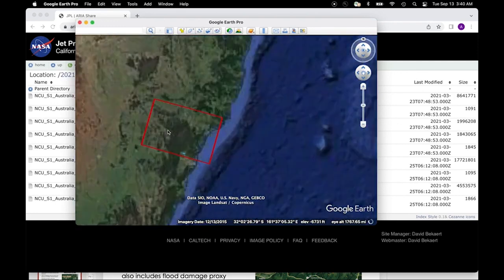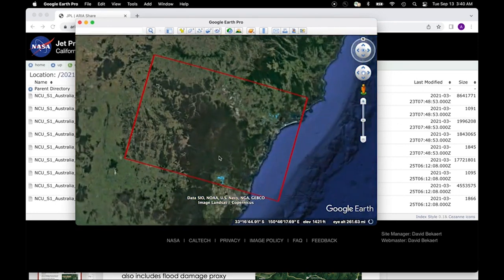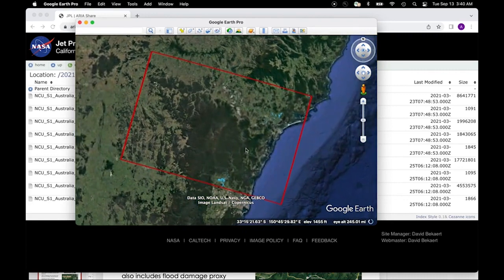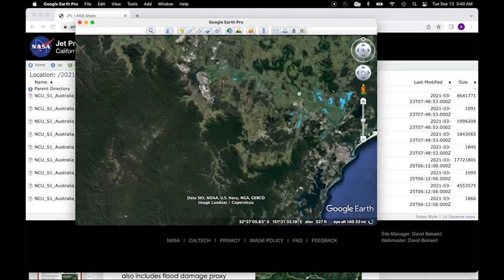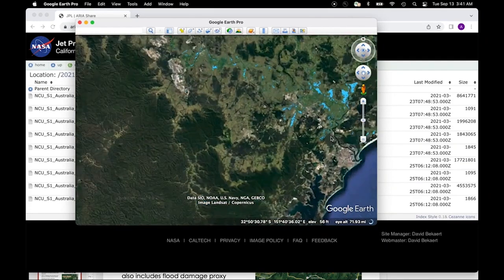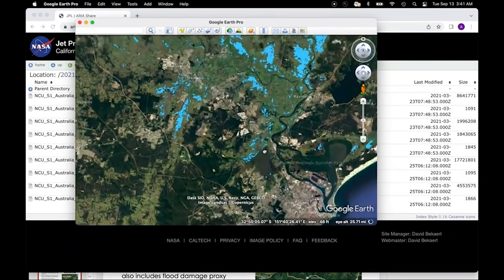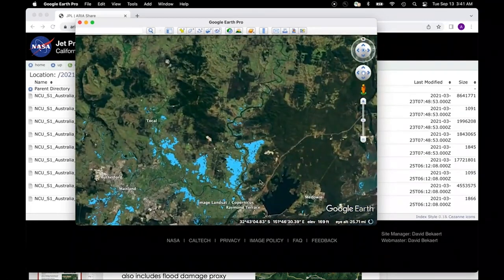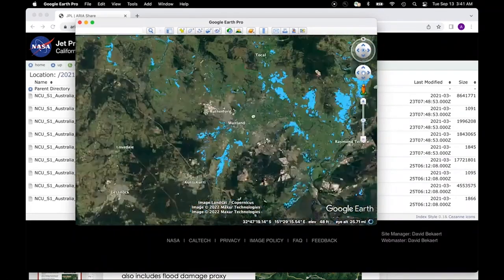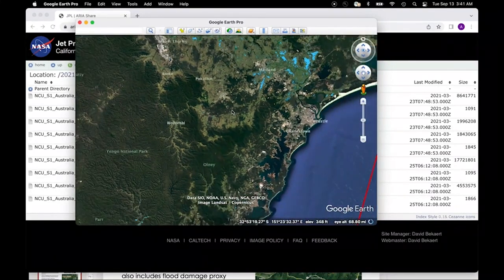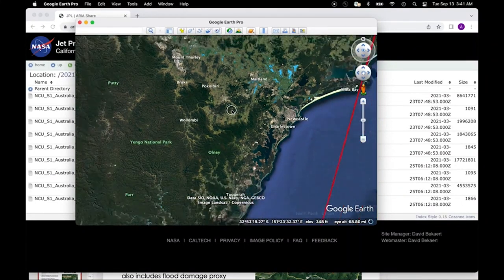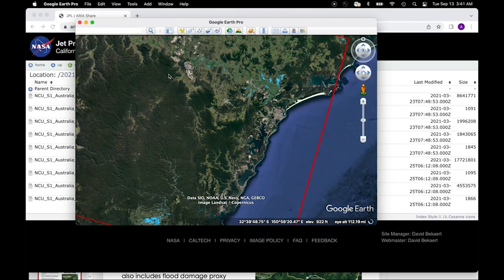And here is where Australia, 2021 March, you can see where there is flood water on the surface, where there is water. So you clearly see this flood map here. So ARIA provides flooding information based again on optical and SAR.